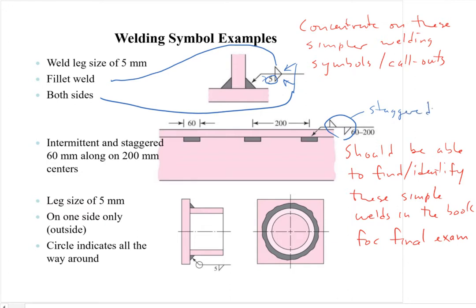So it alternates side, so you can't see that from this view, but this is on one side, this is on the other side, and this 60-20 over here is the width and length in between. So this is the width of the weld and the length in between.